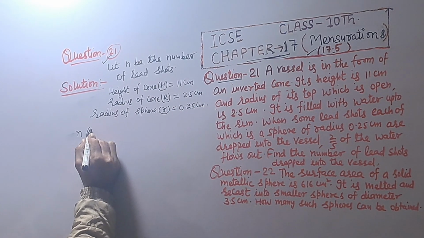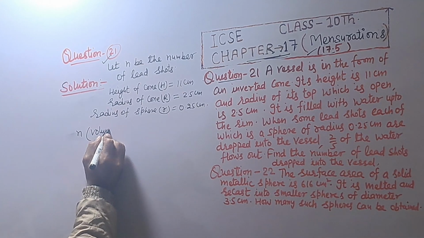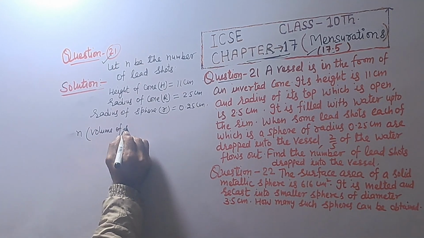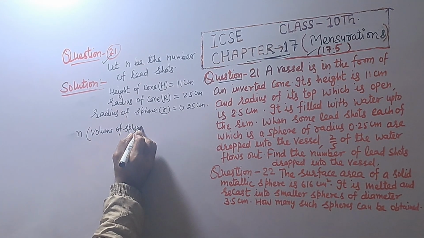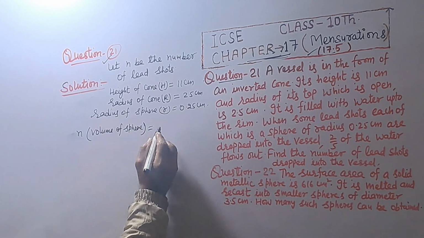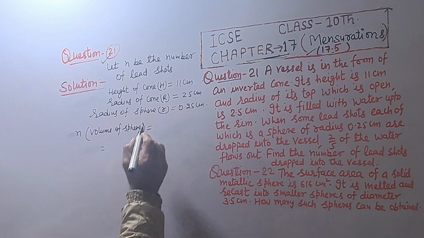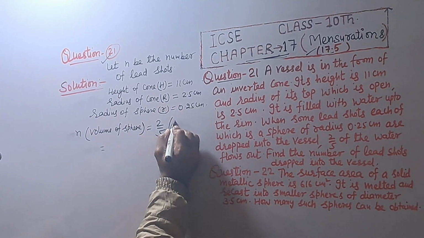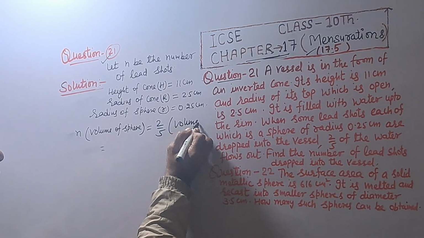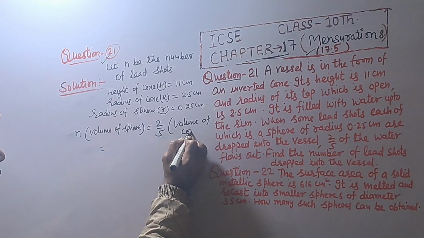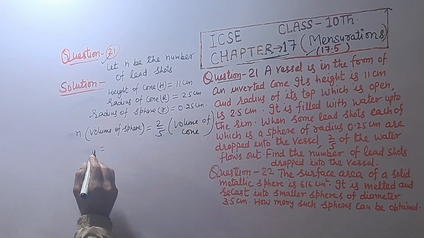n into volume of sphere equals 2/5 of volume of cone.